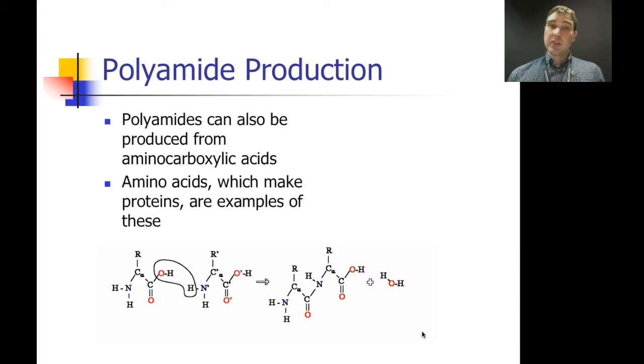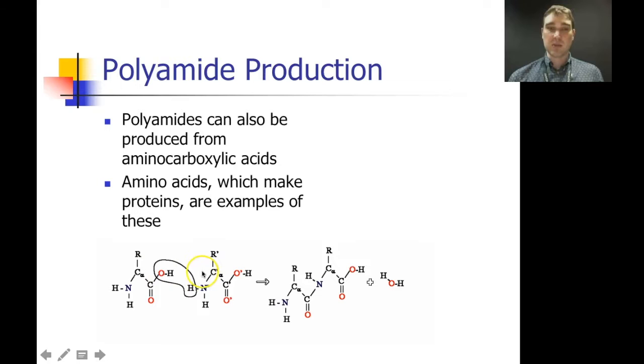So you can also produce polyamides from reactions with amino carboxylic acids. So what's an amino carboxylic acid? It's simply a substance that has an amino group at one end and a carboxylic acid at the other of the carbon chain. So if we have a look down here, we've got our substance down here with our R side chain, our variable side chain. It's got an amino group down here, and it's got a carboxylic acid group over here.